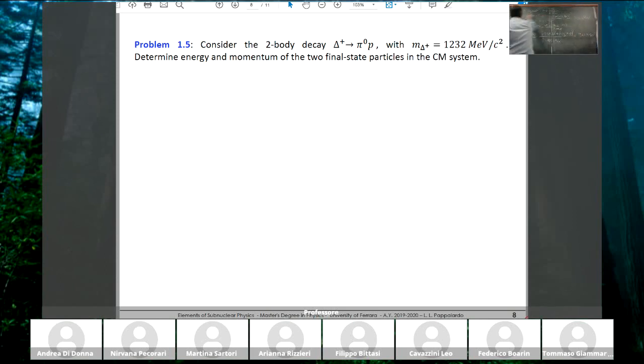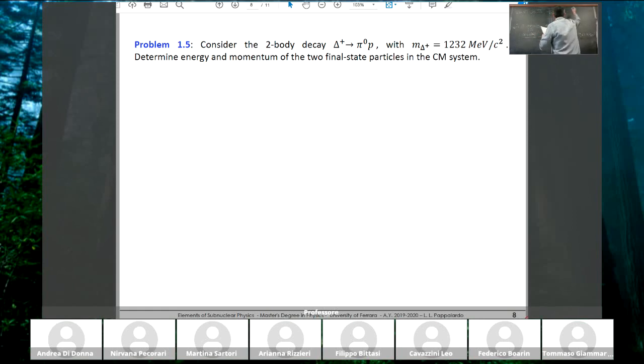So I can easily show that P for the pi0 in the center of mass is equal to P of the proton in the center of mass, and this is given by the square root of E squared of the pi0 minus m squared of the pi0, or the same for the proton, E squared of the proton minus the mass squared of the proton.